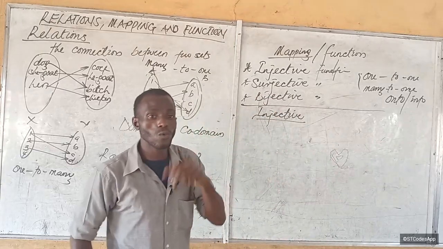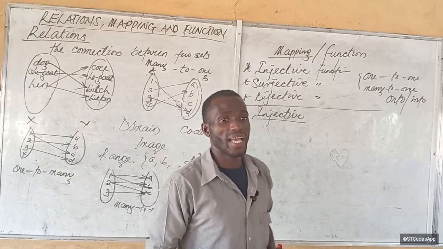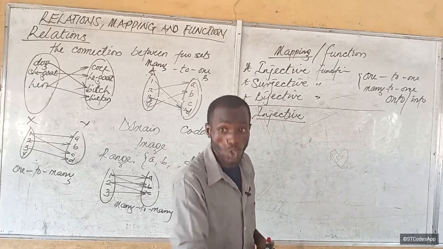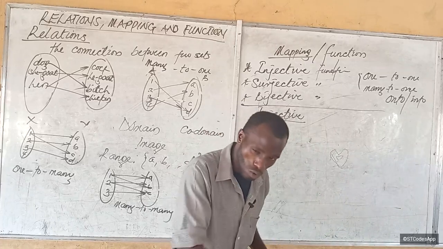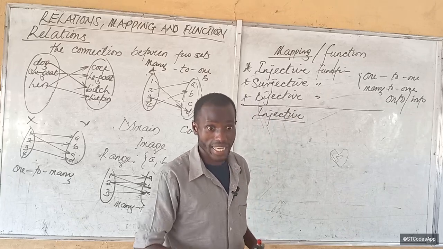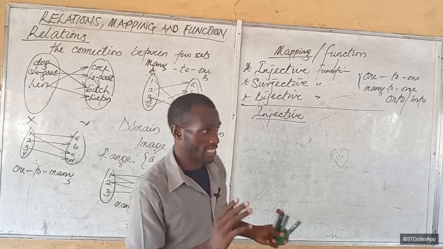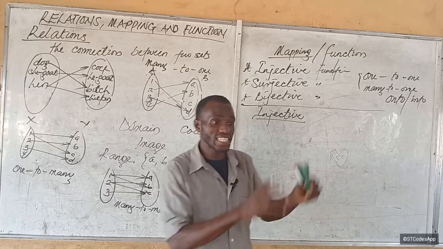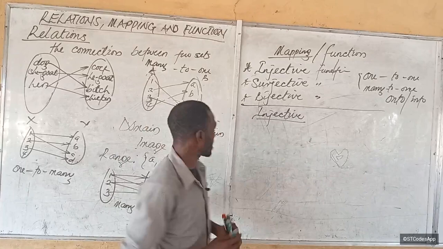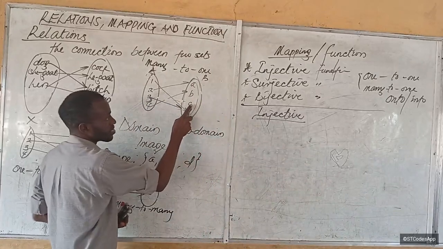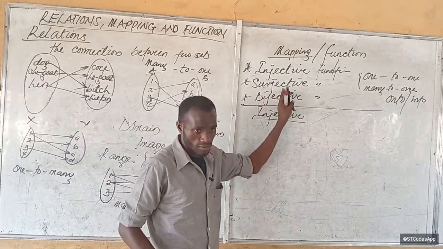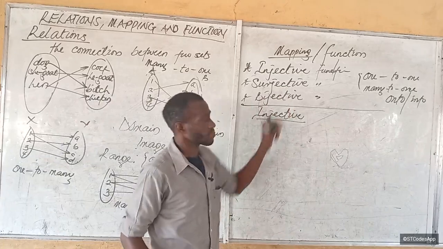It is surjective when every element in the codomain is mapped onto, that is, every element in the codomain is an image of something in the domain. Once there is an element here that is not an image of something, this mapping is no longer surjective. Is that okay?